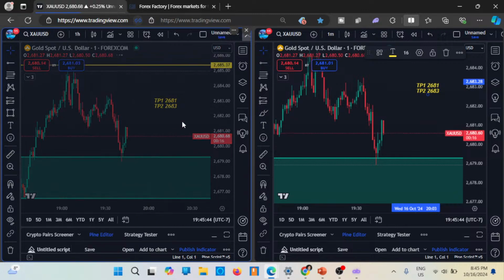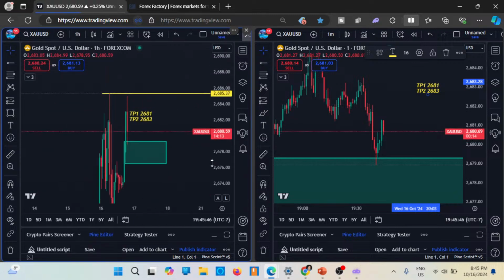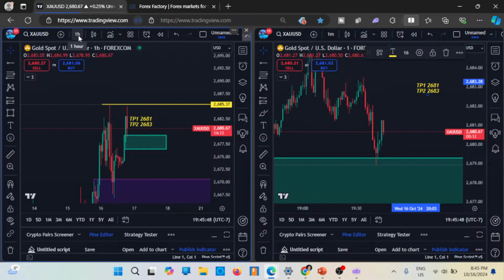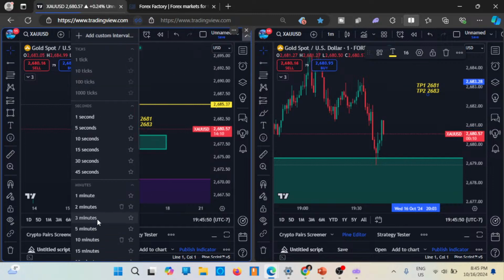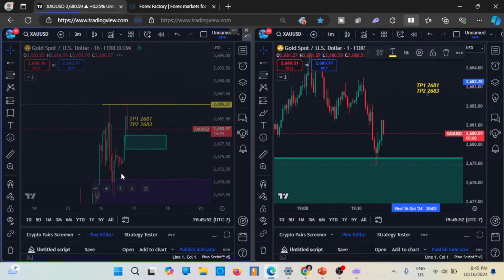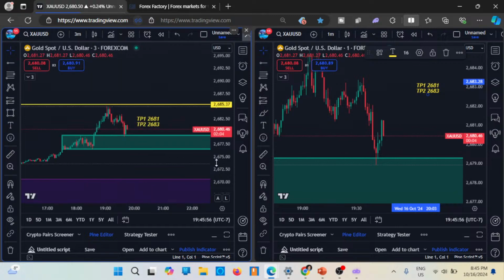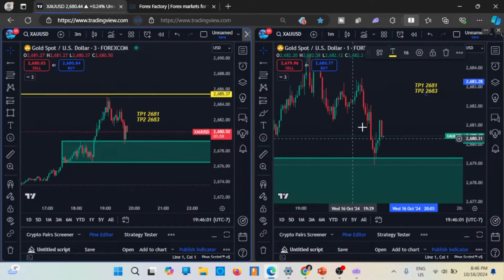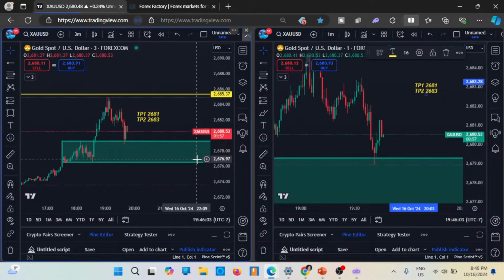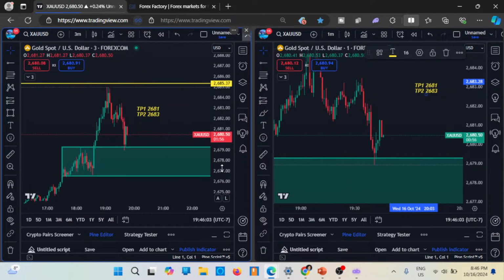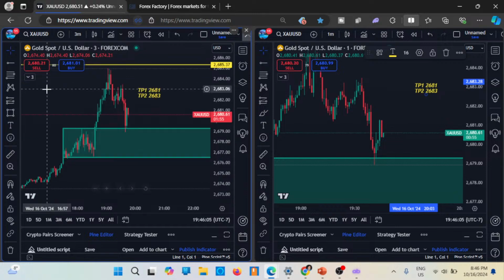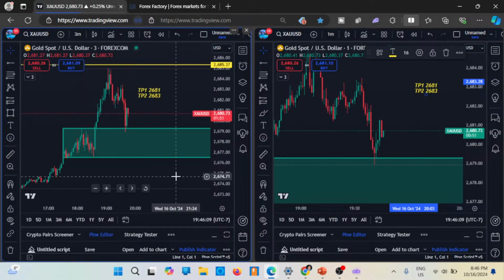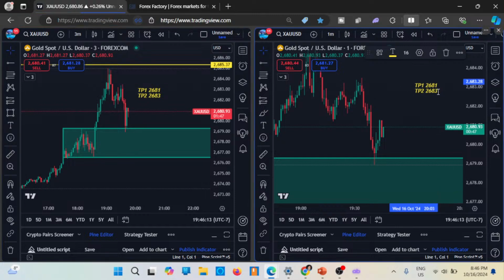So in terms of stop loss, let me write it down. 2674. Okay. I know it's a huge stop loss, but there's very low chance it's gonna get hit. So 2674, I'm gonna set it there.